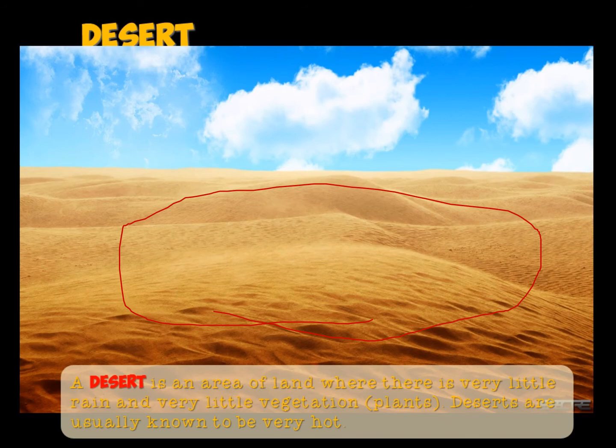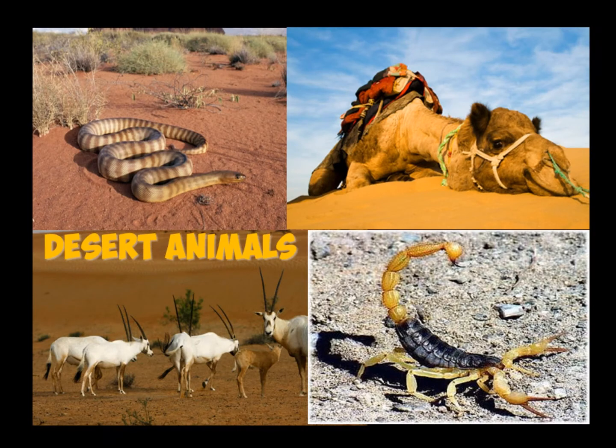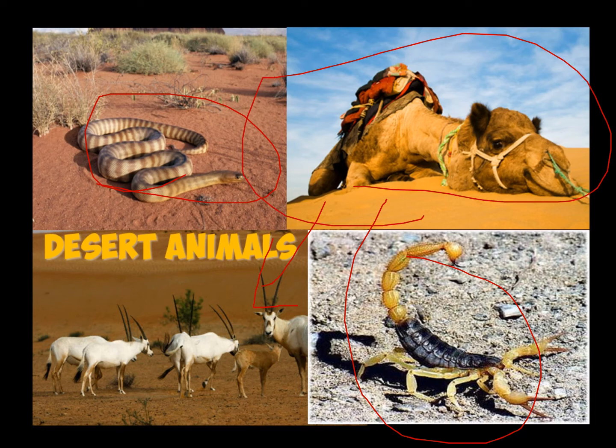It can be really unsafe and get in your eyes as well. Animals that live in a desert: we have snakes, we have these scorpions down here, and we have camels. All these animals have adapted to the hot, hot deserts.